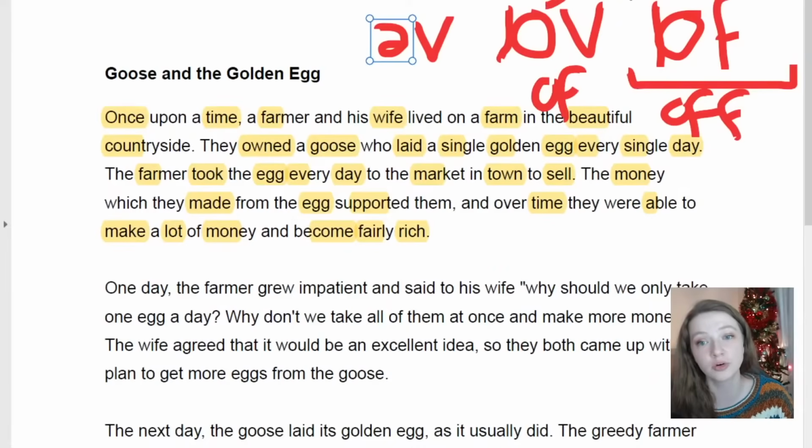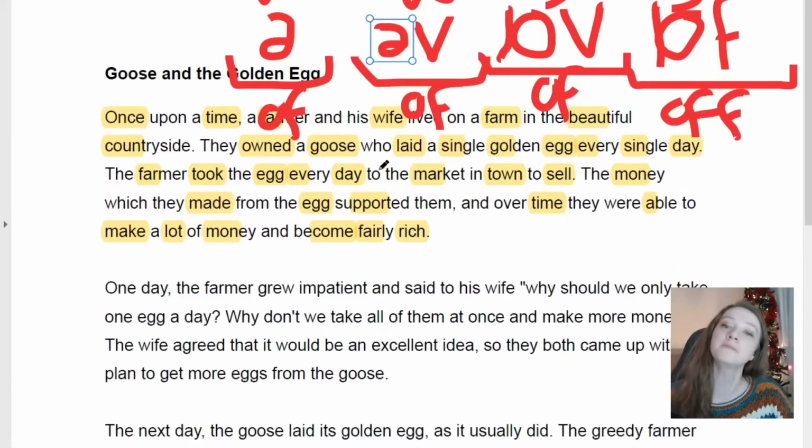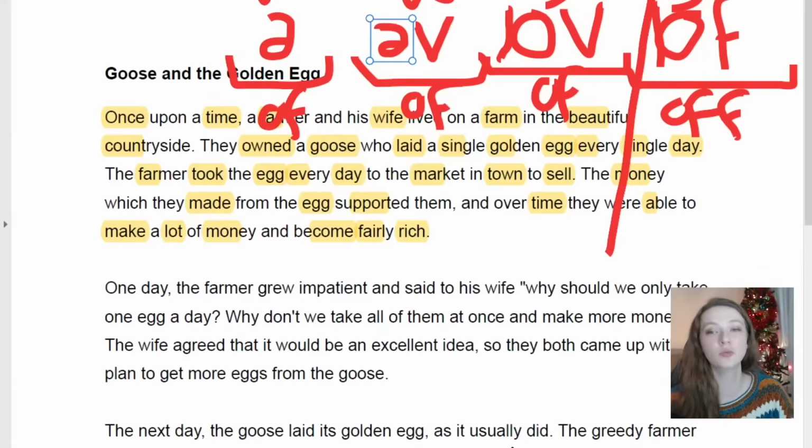These are the strong forms, yeah? These will be the strong ones. This will be the weak of. Makes sense? So these two are two different ones.